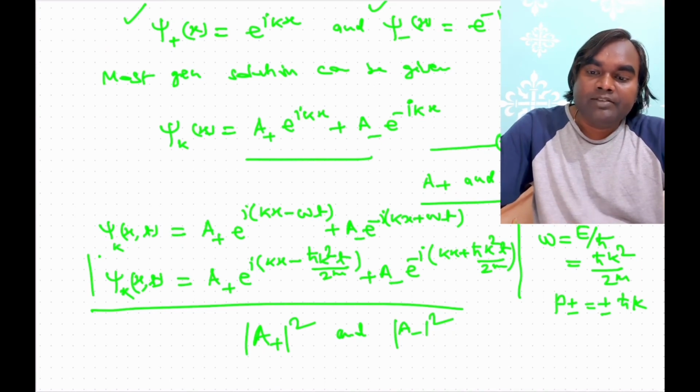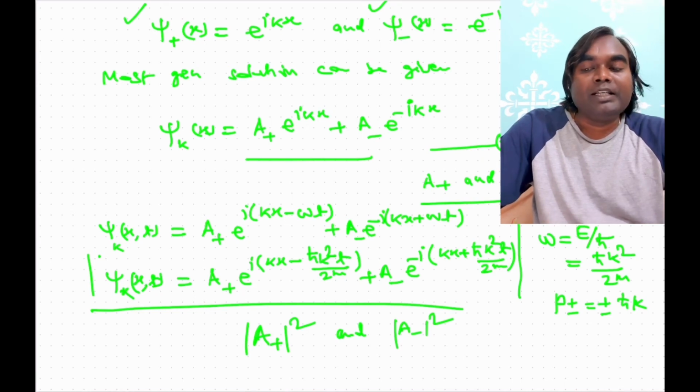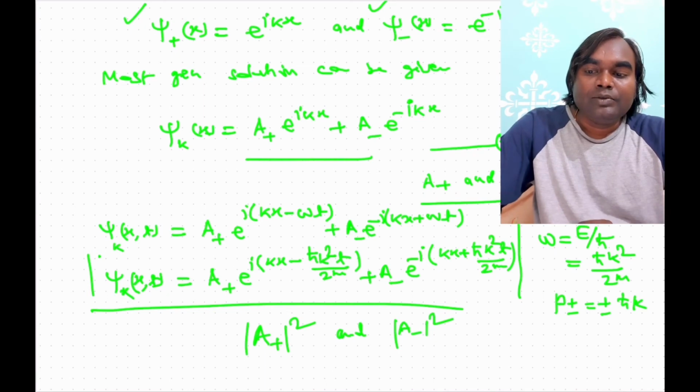So it can have any values. There is no boundary condition. The free particle problem is very simple to solve mathematically, but it has some subtleties, some minor differences which we must know in this case.